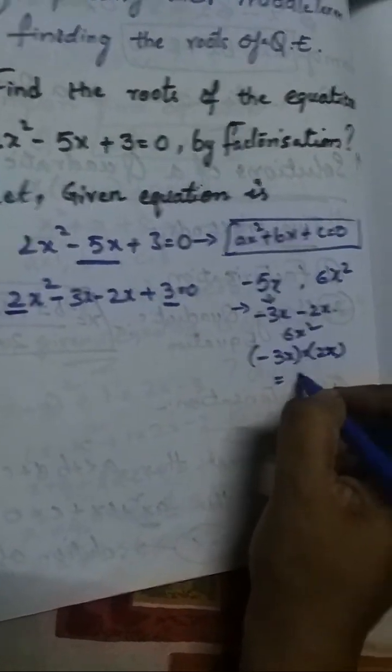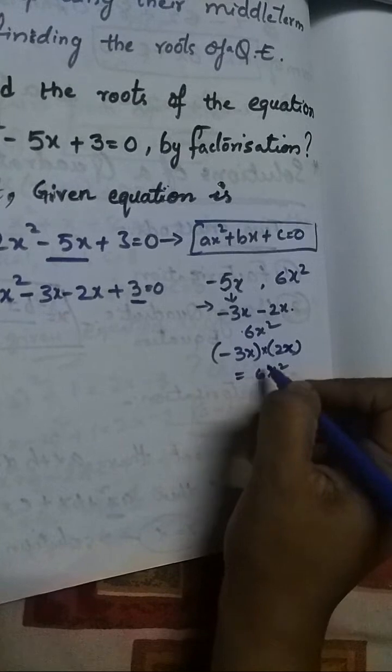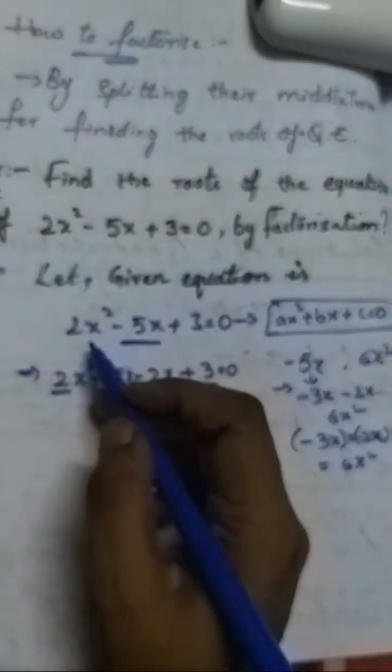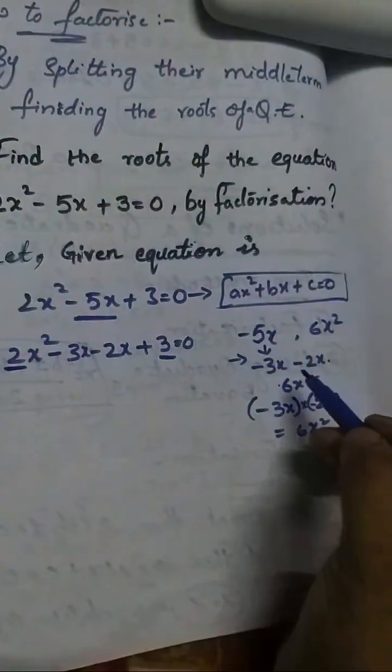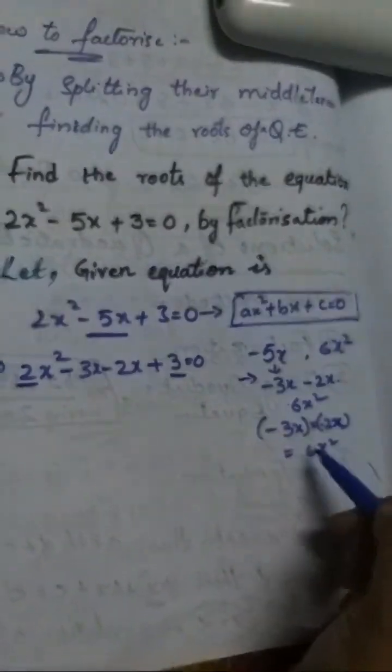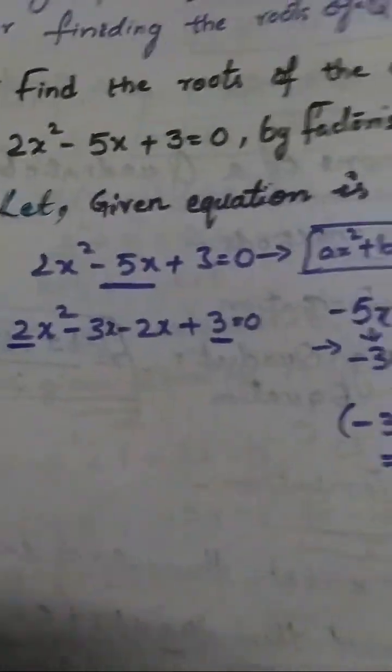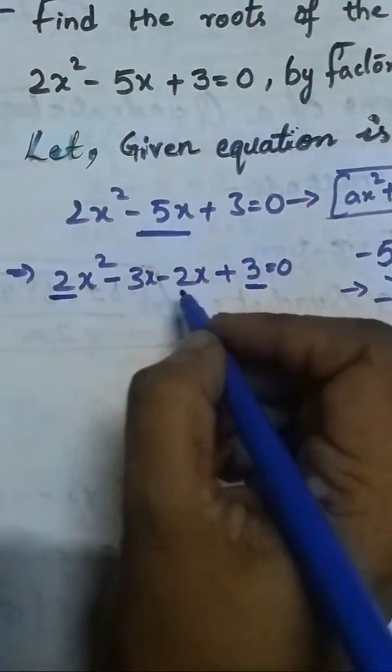By multiplying also we see that the first term and the third term give 6x square. So write down this middle term as minus 3x minus 2x.